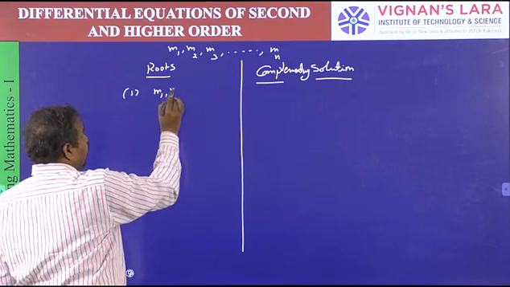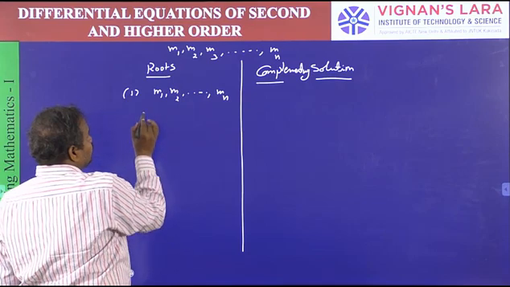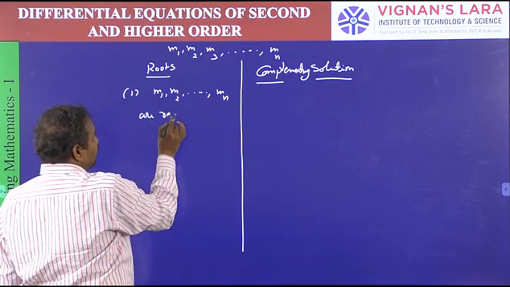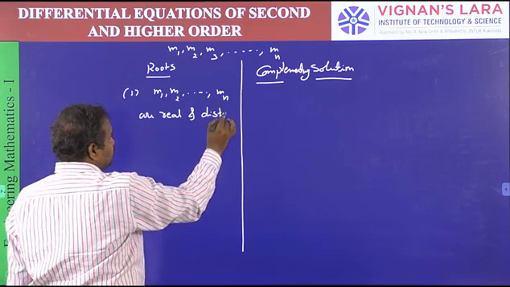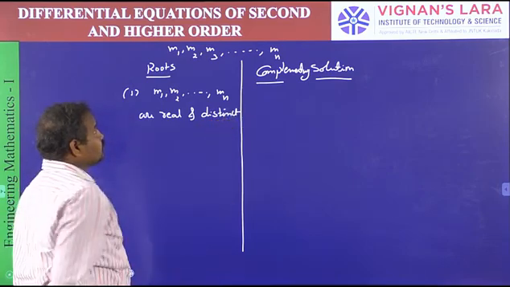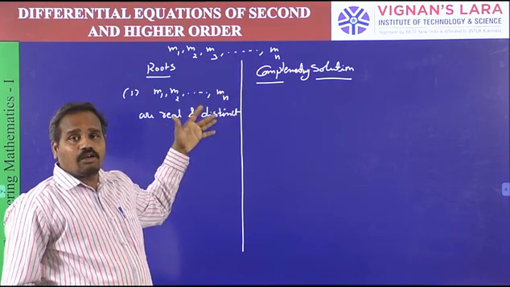First case: m1, m2 and so on up to mn are real and distinct. What is the meaning of this? These are all real roots and they are all different.